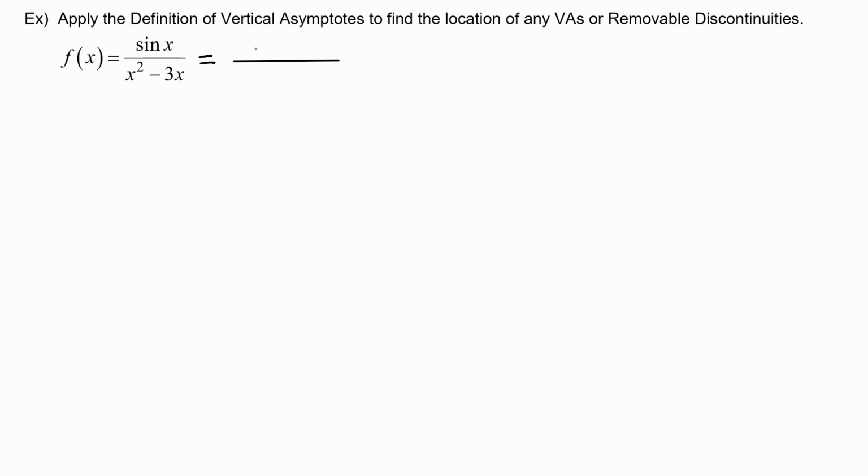So let's factor this denominator. Of course, the numerator is sine of x, and the denominator will be x times the quantity x minus 3. So this denominator will equal 0 whenever x is 0 or x is 3. So let's first look at x equals 0.